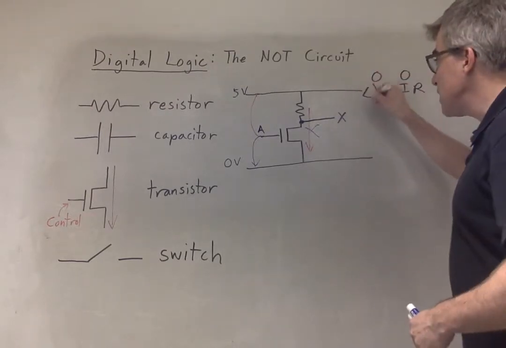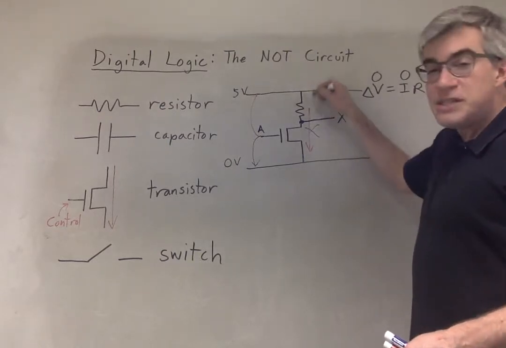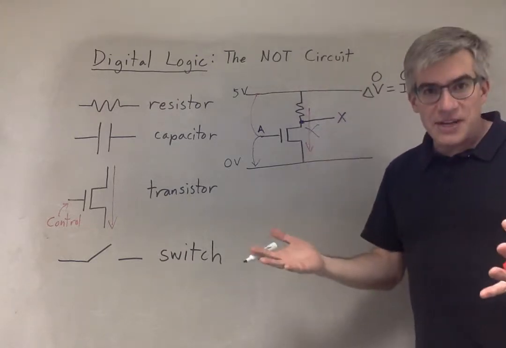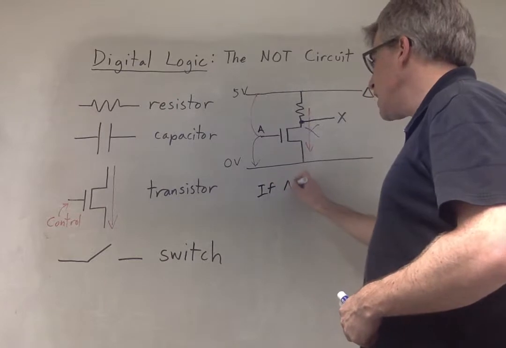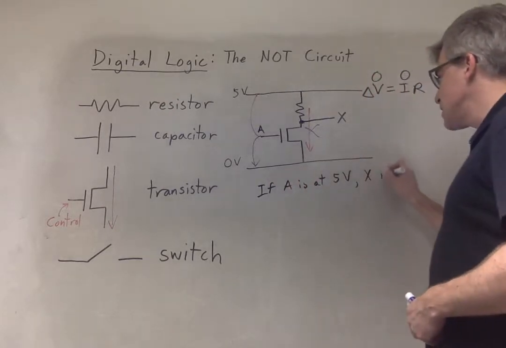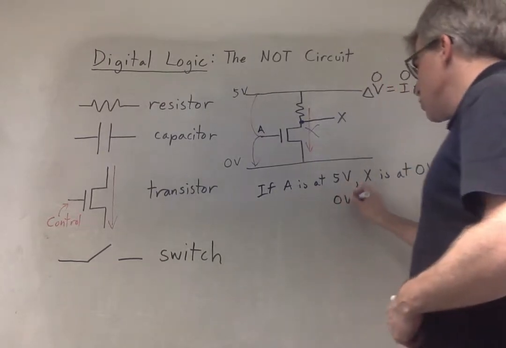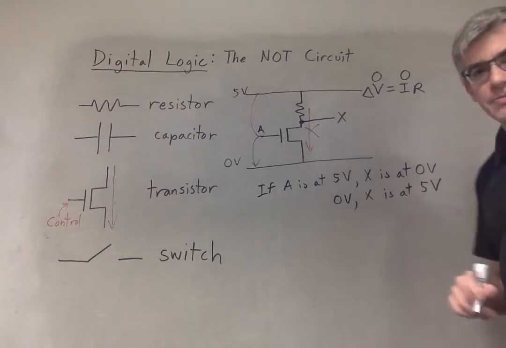And remember that V is a delta V. So there's no difference between X and 5 volts, which means X is 5 volts. So if A is at 5 volts, X is at 0 volts. If A is at 0 volts, X is at 5 volts.